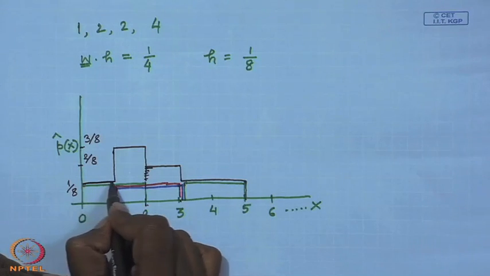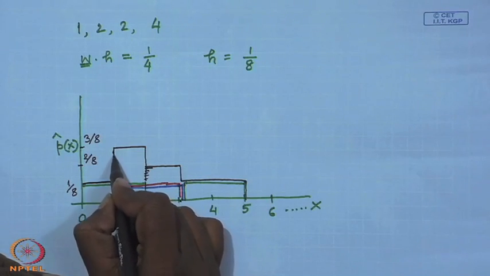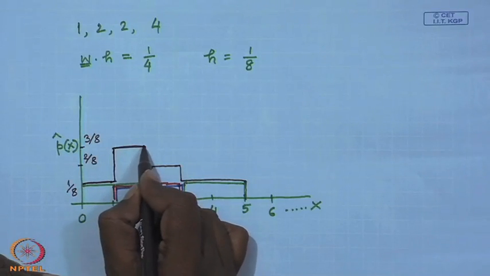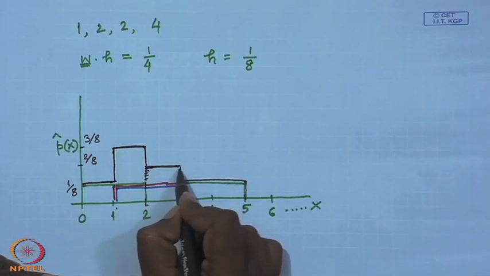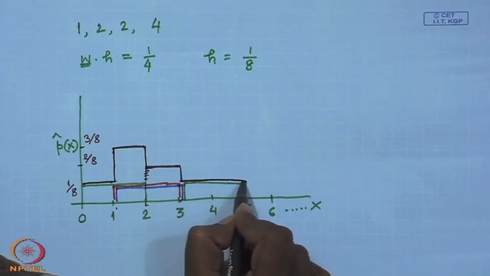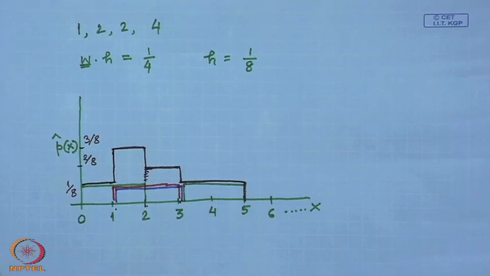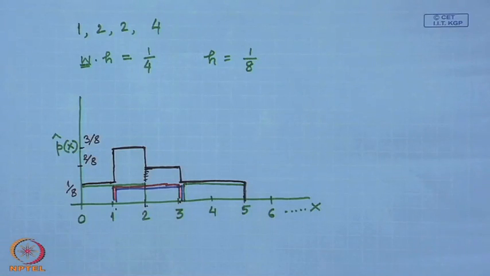So, this is my final estimated probability density function using a rectangular window of width 2, and I have 4 such samples with 2 samples at location x equal to 2. So, this is how I can estimate the probability density function.